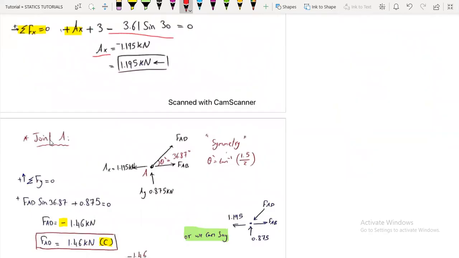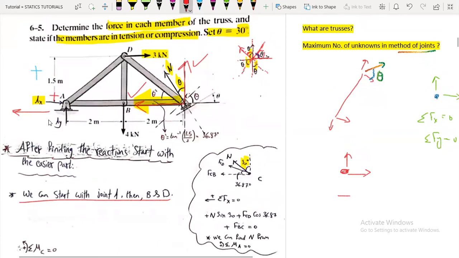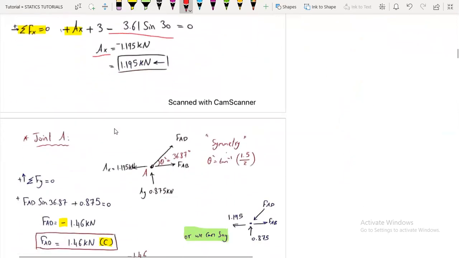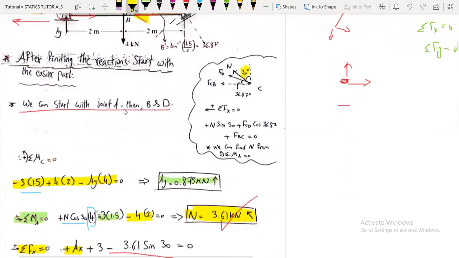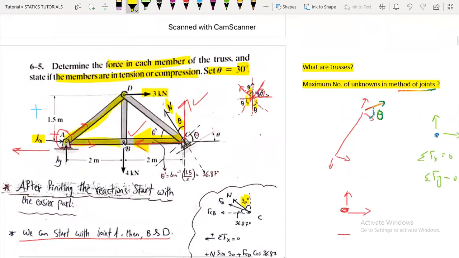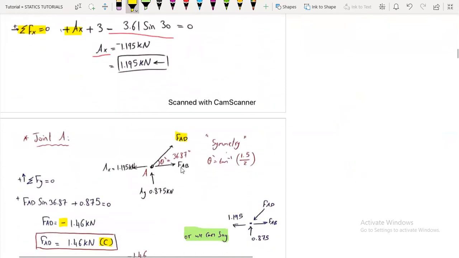We can start joint by joint. We said we will start with joint A. So we should put the external forces from the reactions plus the forces from the members. We can assume them all in tension, and if they give us a negative value, we can say it's compression. So here we have FAD from member AD and FAB, and here are the reactions AX and AY that we have already found.